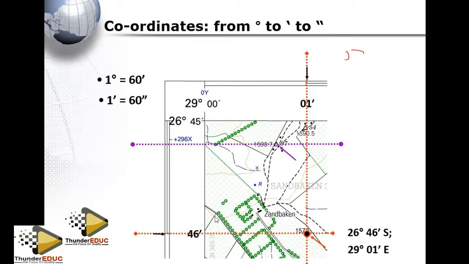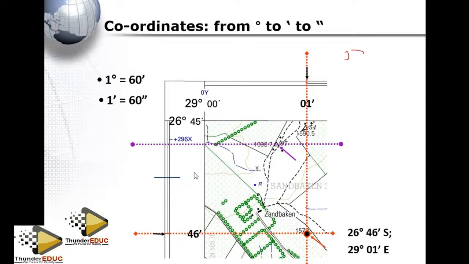Therefore, if we were to divide this section, you can use what we call the estimation method, or you can do accurate calculations. Let's first use estimation. Estimation means that from here to here is 1 minute, and 1 minute is equivalent to 60 seconds. Therefore, half of this in terms of seconds is going to be 30.